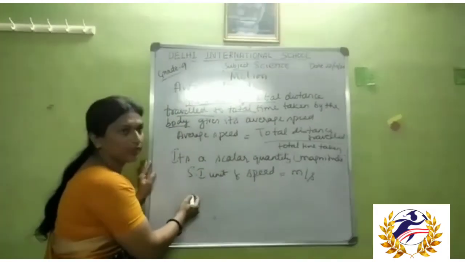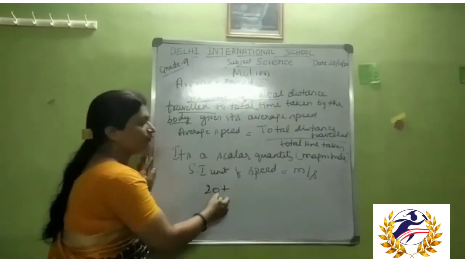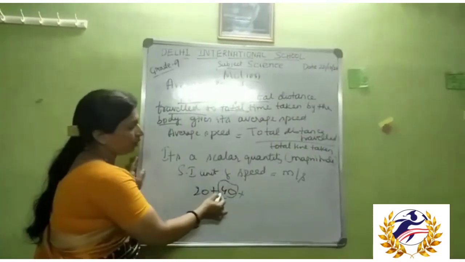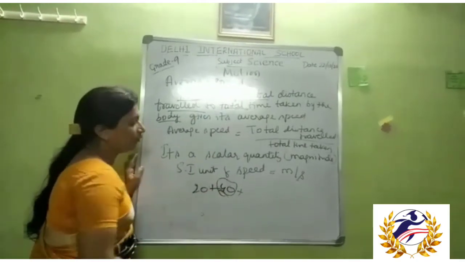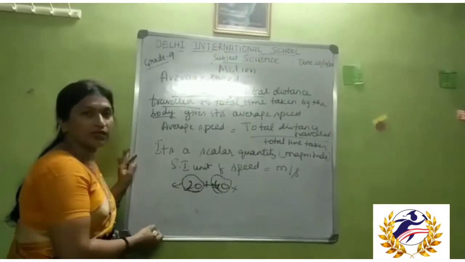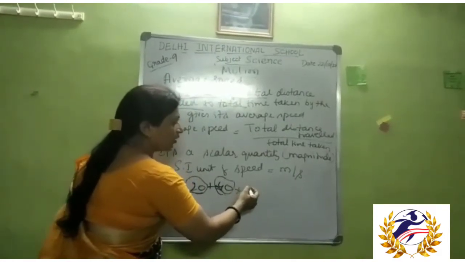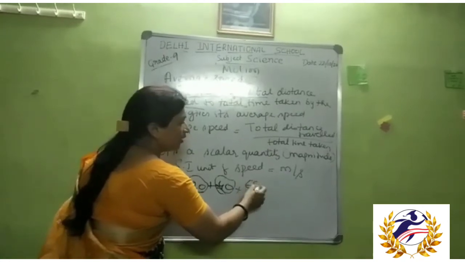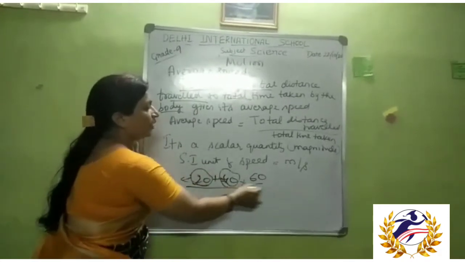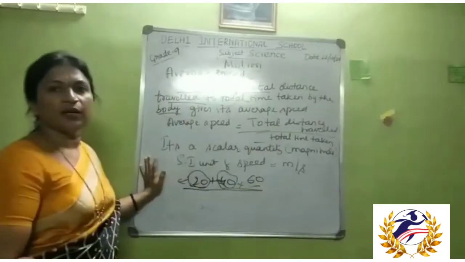For example, in the first 15 minutes it has covered at a speed of about 20 kilometers per hour, in a traffic place. In the next 15 minutes it has gone at 40 kilometers per hour because the road is empty. Wherever the road is still more vacant, he may go at 60 kilometers per hour. So average speed is the total distance covered divided by the total time taken.